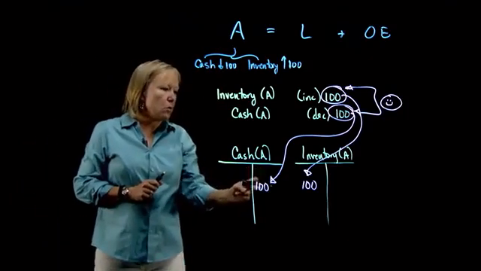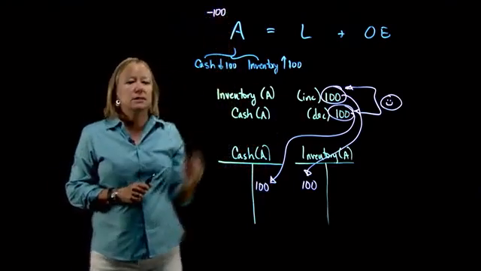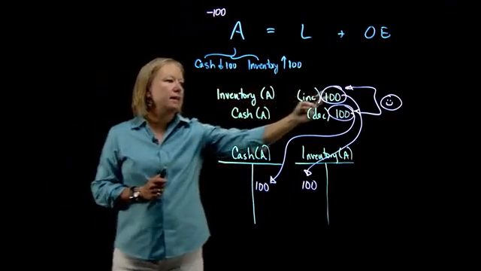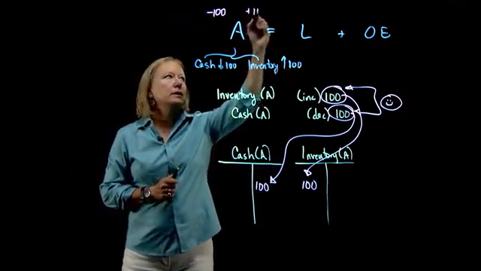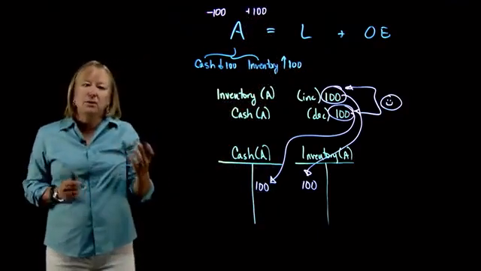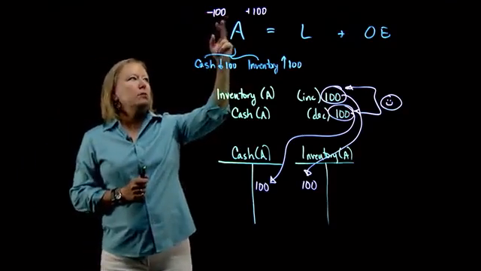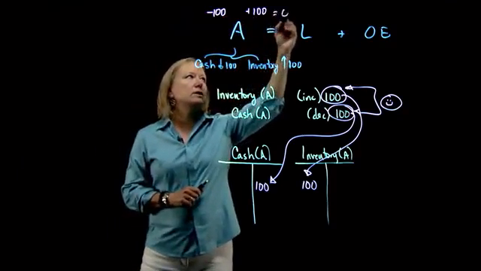All right, we recorded a right side to cash that decreased by 100, so assets go down by $100. We made a left side to inventory, which is an increase in inventory. Inventory went up by 100. That's an increase in assets of 100. Assets went down by 100, up by 100, so the net effect on assets is equal to 0.